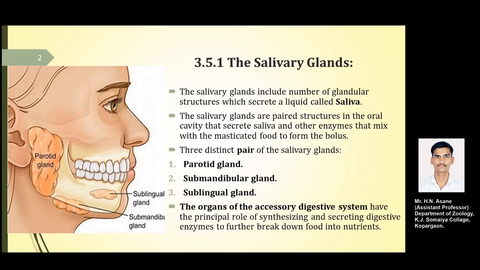The salivary glands include a number of glandular structures which secrete a liquid secretion called saliva. They are structures of the oral cavity, secreting into the oral cavity, and with the saliva they secrete numerous enzymes that mix with the masticated food to form the bolus.